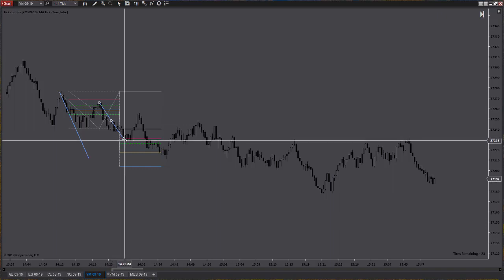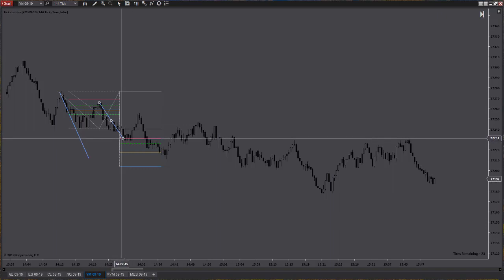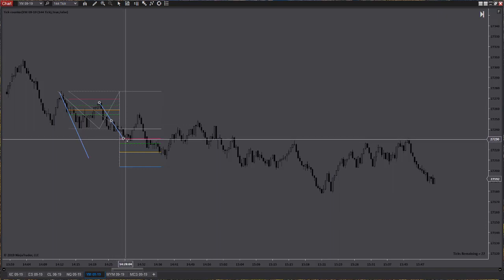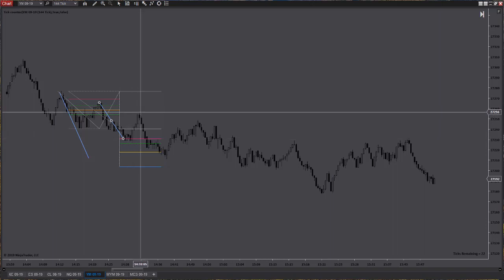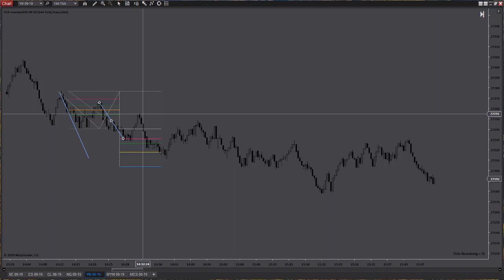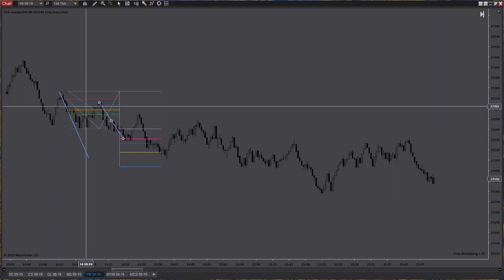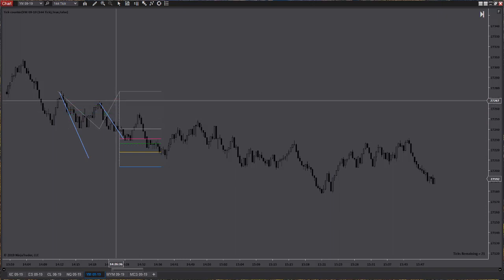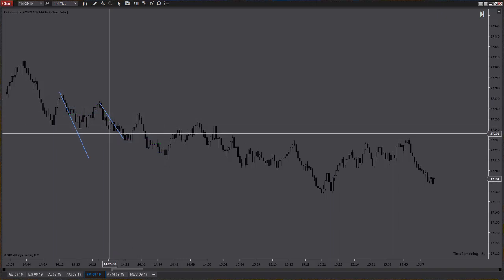As you can see, price comes down, makes a very precise 127 and a 1-to-1. So this is a very nice signal if you wanted to what? Go against that, right? For the correction, because you're trading the correction here. Okay, but let's not talk about that right now. Let's just talk about ratios and extensions and harmonic projections.